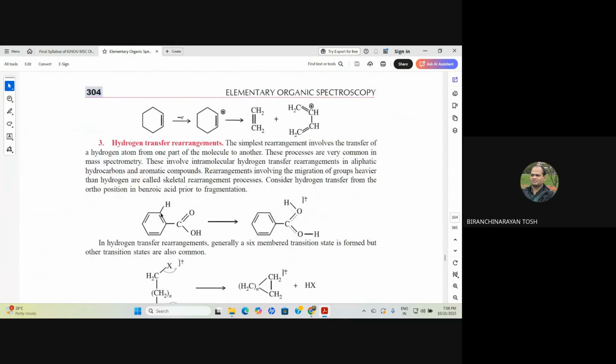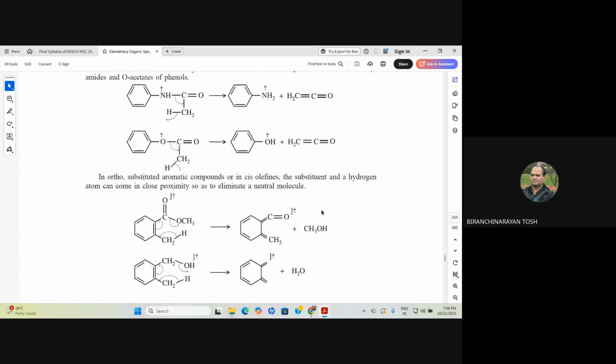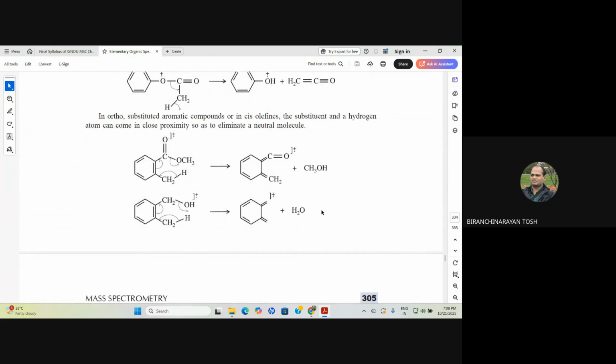Then one hydrogen will transfer, and you are getting the cation. So these are all the different general fragmentation modes for the formation of fragment ions.